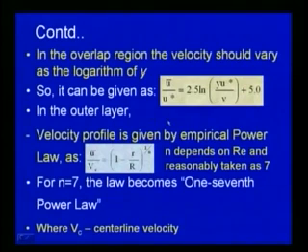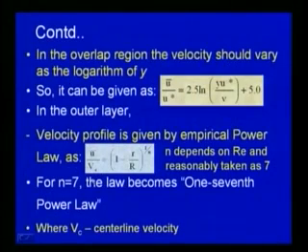As far as the outer layer is concerned, the velocity profile can be expressed by different formulas, but one of the commonly used formulas comes from the 1/7 power law. We can write u bar by V c is equal to 1 minus r by R to the power 1 by n, where n depends on the Reynolds number, and generally it is taken as n equal to 7 for turbulent flow.